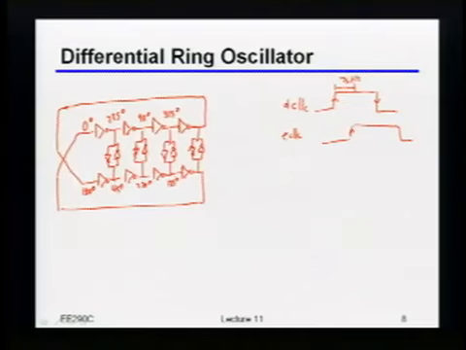Does this make sense to people, or do you see why I'm zigzagging? Eric, you had a confused look. Why is it 180 plus 45? Because these are inverters, right? When I invert, that's saying I did a 180-degree phase shift. The 45 is just because each inverter also has delay.